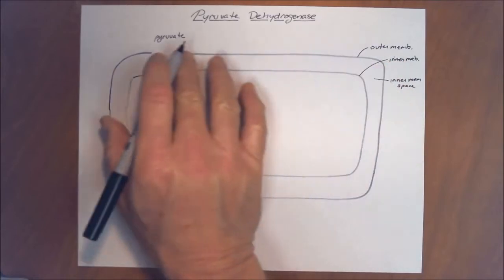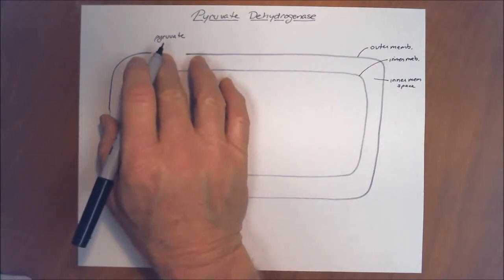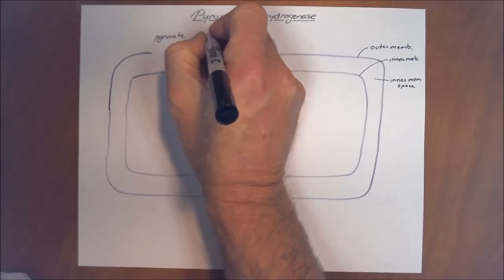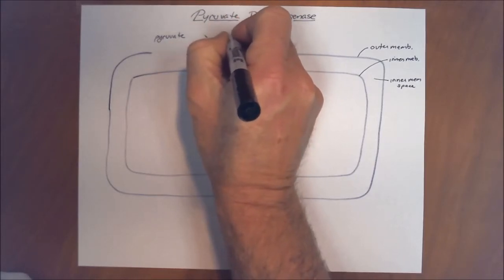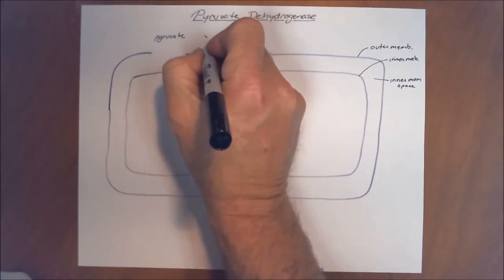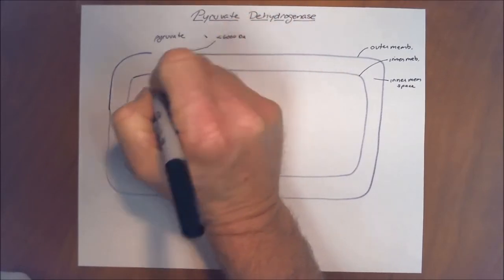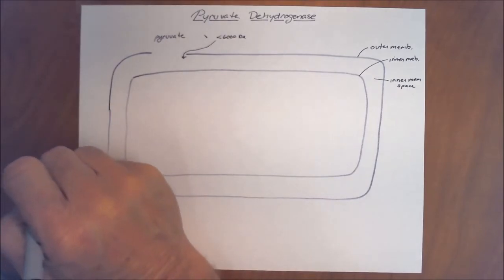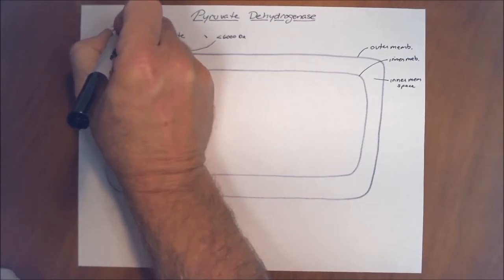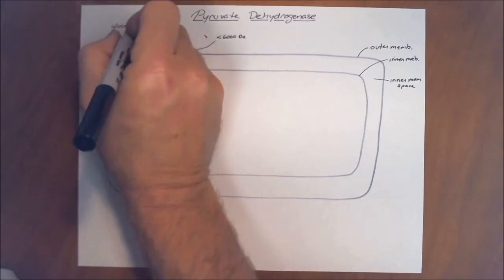So the outer mitochondrial membrane has a level of porosity that molecules less than 6,000 molecular weight, or Daltons, can pass without hindrance, and no transporter is needed. Now the pyruvate has to be transported across the inner mitochondrial membrane.